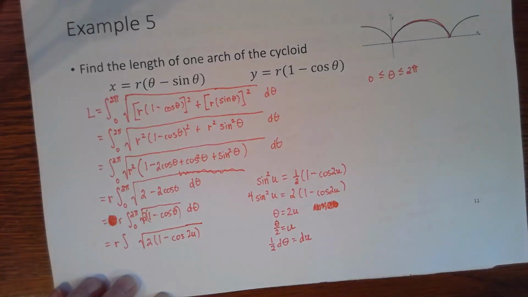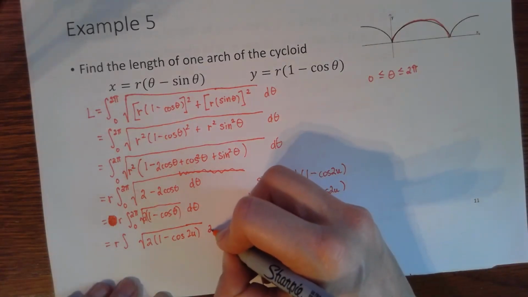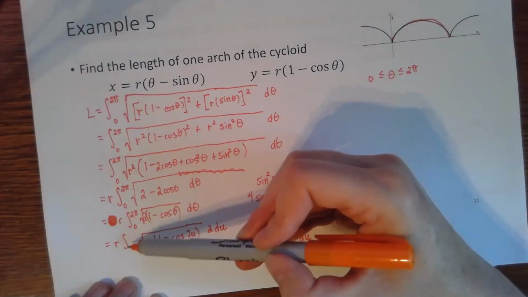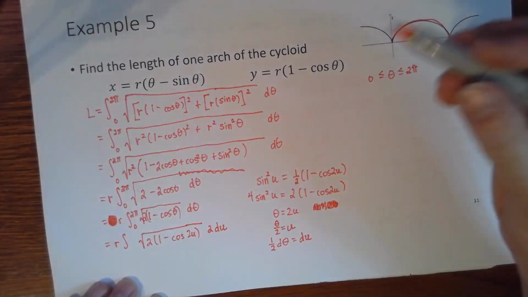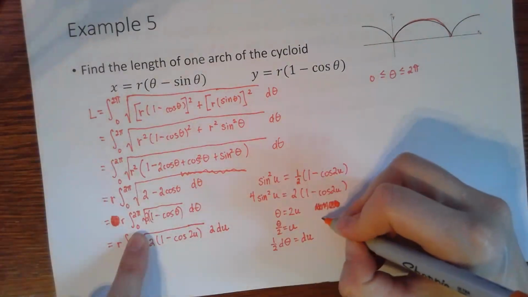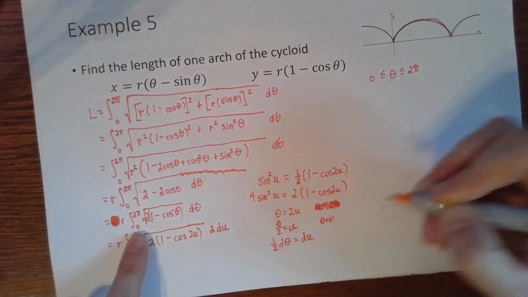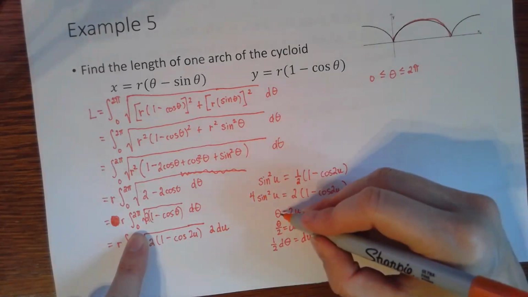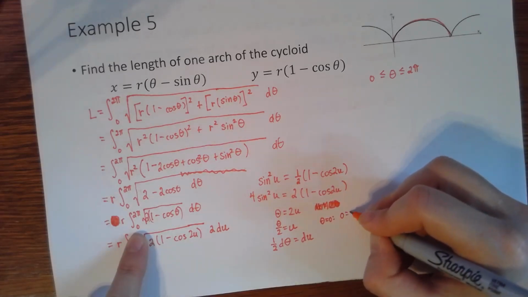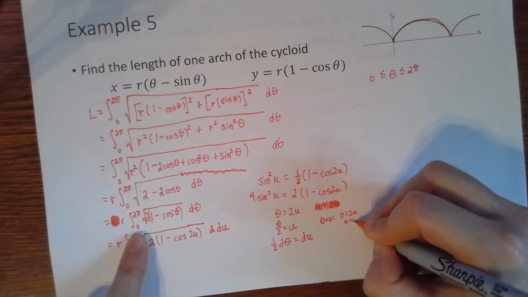And then d theta is actually going to be 2 du. Then we need to get our bounds here. When theta was 0, u must be 0, since 0 equals 2u.